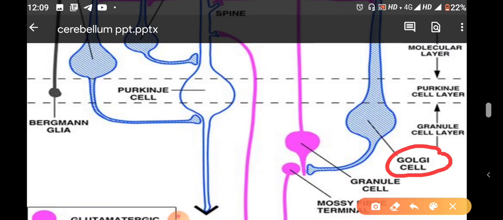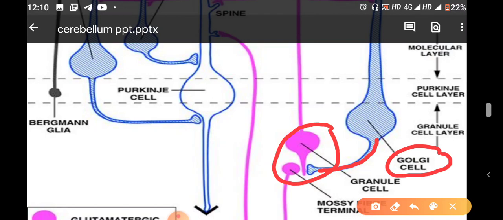The Golgi cells also show a connection to these mossy fibers and the granule cells like this. The Golgi cells are large cells. Their dendrites project into the molecular layer and receive inputs from parallel fibers. So it forms the collaterals from the mossy fibers.